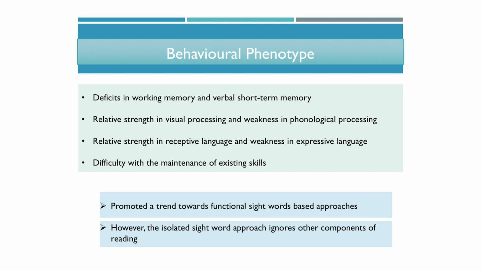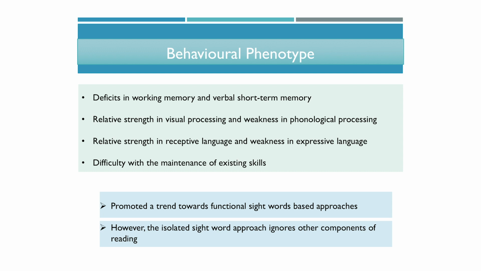Okay, so again, this is the behavioral phenotype of learners with Down syndrome and kind of what guided the way that we deliver our reading instruction. The deficit in working memory, so the ability to take in information, hold it there for use later, and the verbal short-term memory. The relative strength in visual processing, and the weakness in phonological processing.